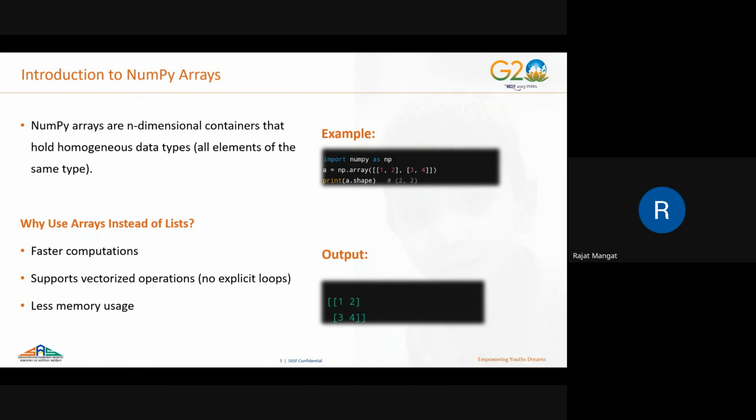Like if you have to multiply a number 3 times, you do 3 into 3 into 3. But suppose you have to multiply a single element with other elements, then you put a loop there and multiply it with every element by accessing that element from that array. So the computations increase if you are using a loop.